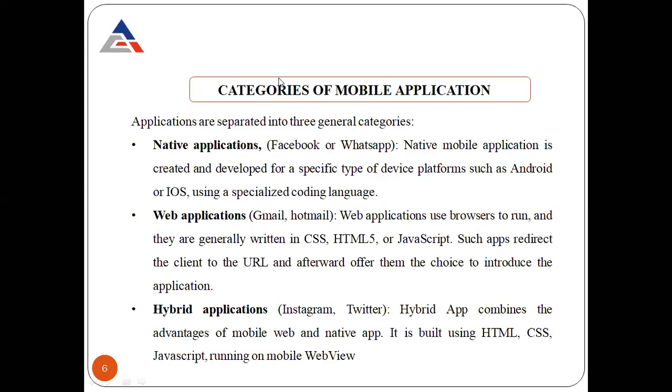And the applications that are created for Android can only run on the Android platform. So these are native. And whenever you borrow a new phone, you already have Facebook in it, and you can install WhatsApp through the application that allows you to run on the native platform.